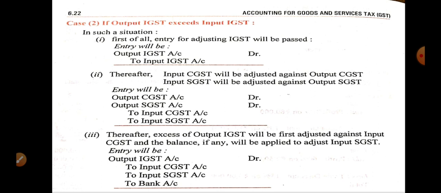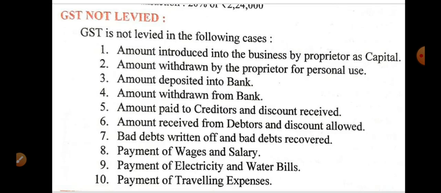Now, before we end this, there are some important things to note down. GST is not levied on the amount introduced into the business by the proprietor as capital. So when you're investing capital, you don't charge GST. When an amount is withdrawn by the proprietor for personal use, drawings, we don't charge GST.